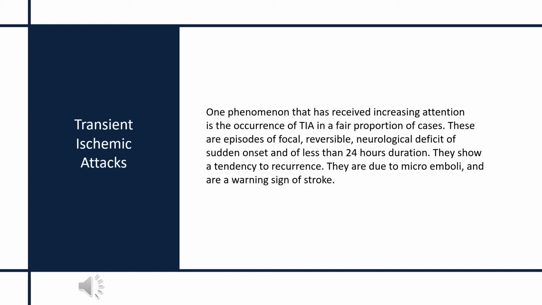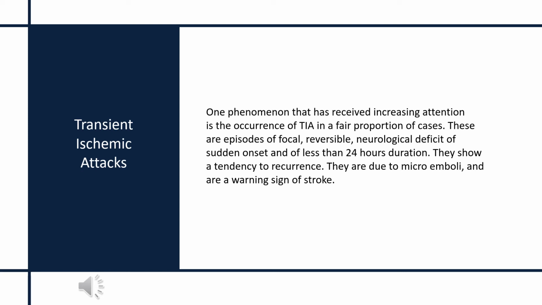These are episodes of focal, reversible neurological deficit of sudden onset and of less than 24 hours duration. So, if a neurological deficit has occurred, which was reversible, importantly, and lasted less than 24 hours, then it will be labeled as transient ischemic attack.